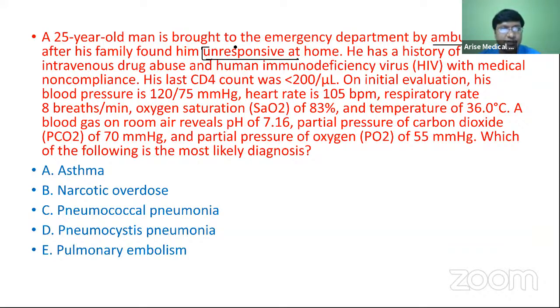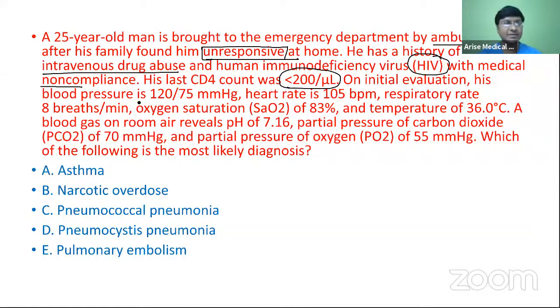He has a history of intravenous drug abuse and HIV with medical non-compliance. So even though he has the retroviral infection, he is non-compliant with the medication, and the CD4 count is less than 200 per microliter.